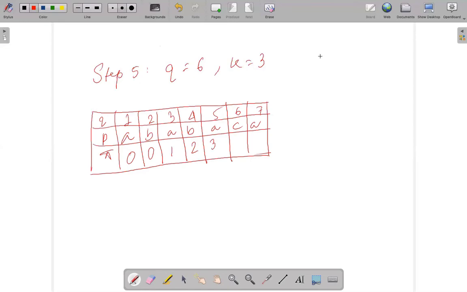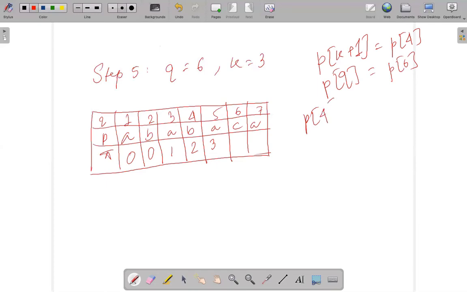So now Pk plus 1 here is P4, right? And Pq is P6. We check whether P4 is equal to P6, which is not true. Okay, so therefore we set k to pi 3, okay, as per the algorithm. That means now k becomes 1.